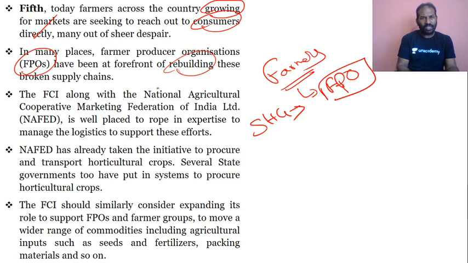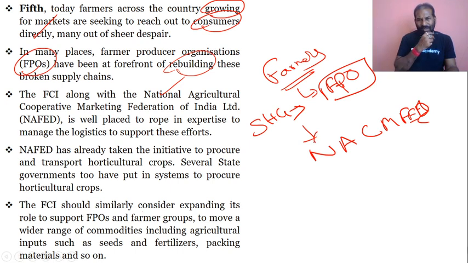Not only this, the FCI should also come along with the National Agricultural Cooperative Marketing Federation of India Limited, NAFED. It is National Agricultural Cooperative Marketing Federation, NAFED, which will support the entire logistics to reach the PDS system.